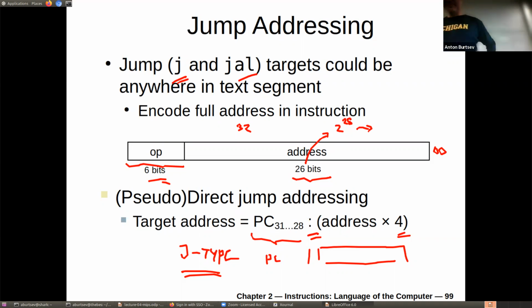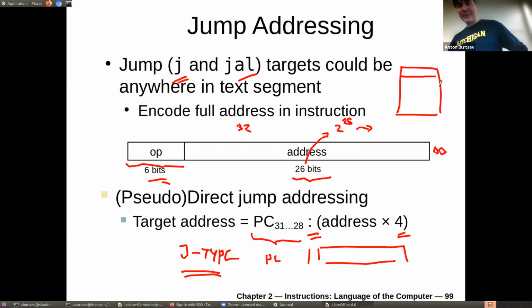The question: the last 2 zeros that are left off, is that because we're multiplying by 4? Yes. The intuition is that in memory, the program is always in increments of 4. Individual instructions each take 4 bytes.